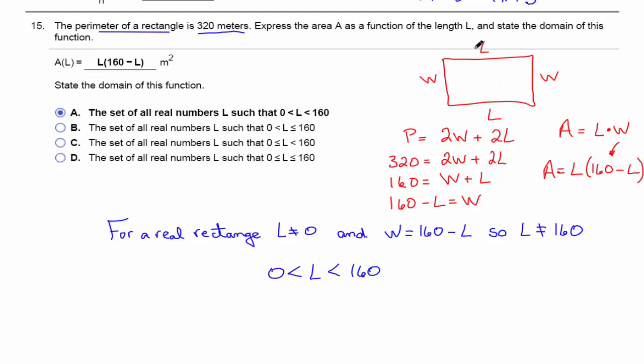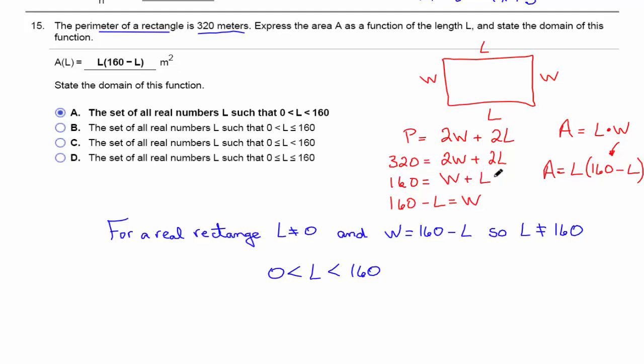Well, the perimeter is the length all the way around. So the perimeter is W plus W, so 2W, plus L is 2L. So here's my perimeter. And they said it's 320, so I could fill that in. Divide everything by 2, so it looks a little bit cleaner.